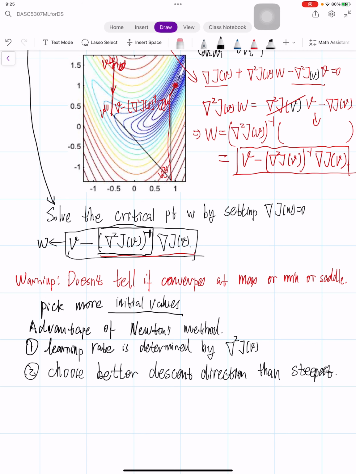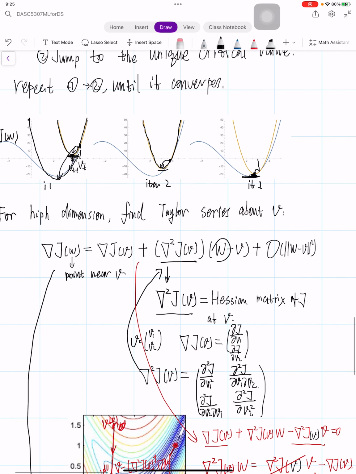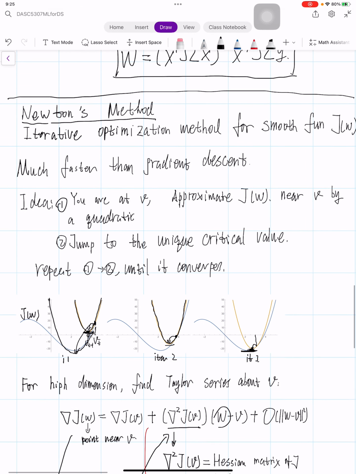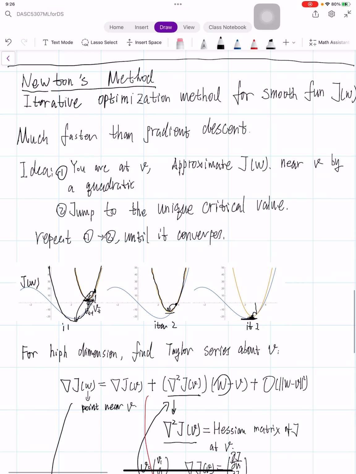Okay, so yeah, that's a little bit about a new optimization algorithm. I think in your lab or homework, you will have a chance to practice Newton's methods.